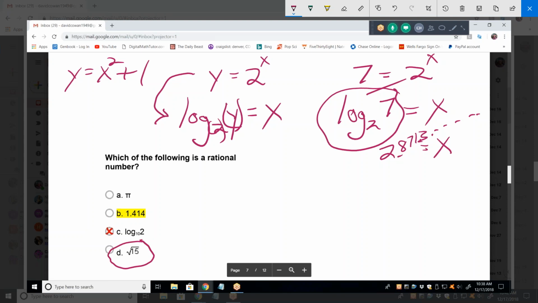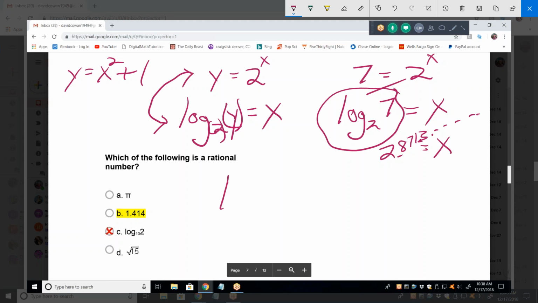The only time is if what's inside the radical sign is a perfect square number. Every other time you are producing an irrational number. Okay? The secret of logs is to be able to go from that to that. And backward. Okay. And backwards.